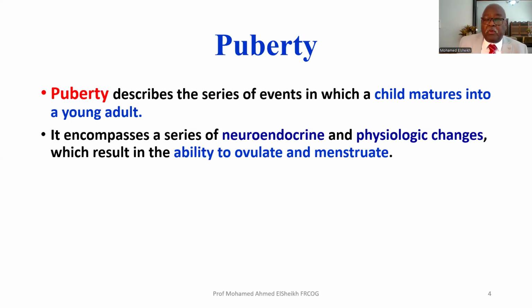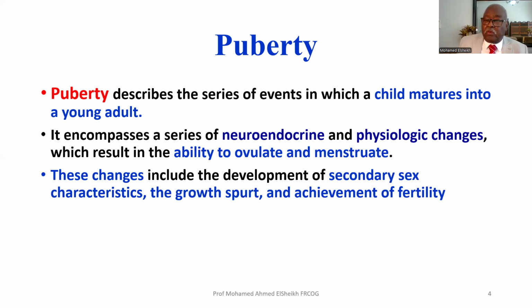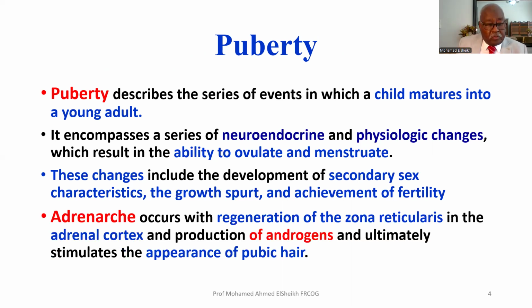It encompasses a series of endocrine physiological changes which result in the ability to ovulate and menstruate. That's in the girl. These changes include the development of secondary sex characteristics, the growth spurt that occurs for the child, and achievement of fertility.